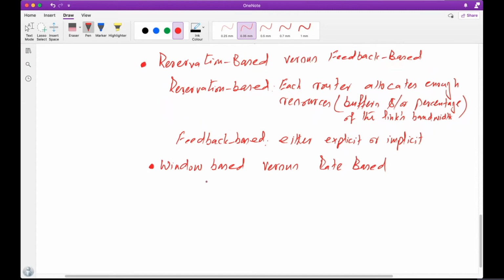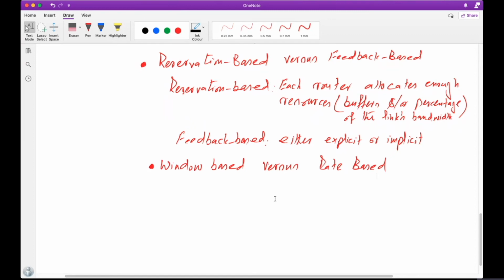Both these flow control and resource allocation mechanisms have the purpose of telling the sender how much data is allowed to be transmitted, right? So there are two ways to tell the host how much data it can send on the network. Either we can use a window-based mechanism or a rate-based mechanism, right?